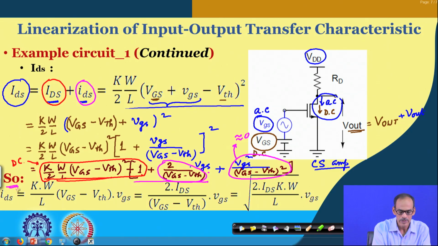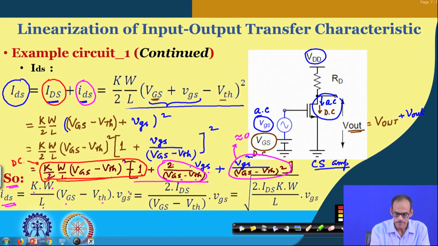So, we can say that the small signal part or the AC part, the IDS part, will be K divided by 2, and this 2 and this 2 are getting cancelled. So, K W by L VGS minus VT. The square part is getting eliminated because you do have VGS minus VTH multiplied by this VGS.